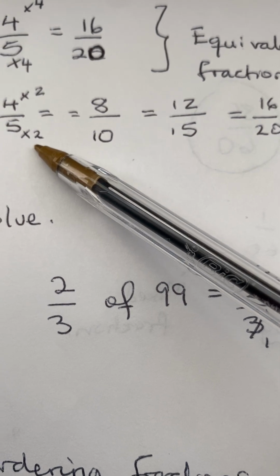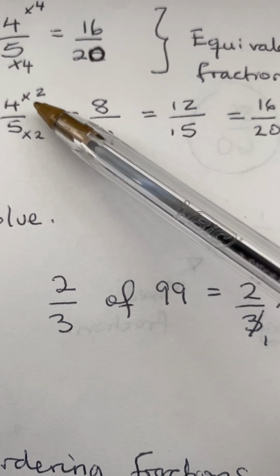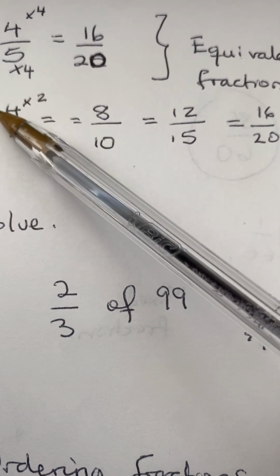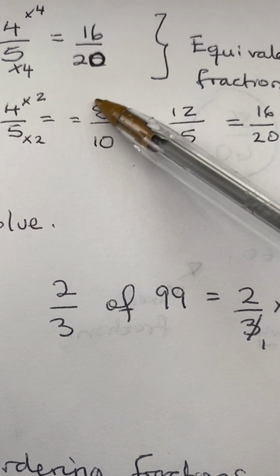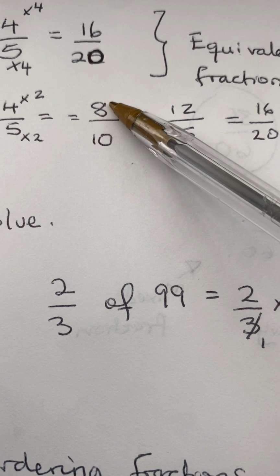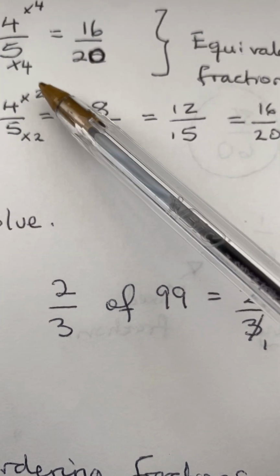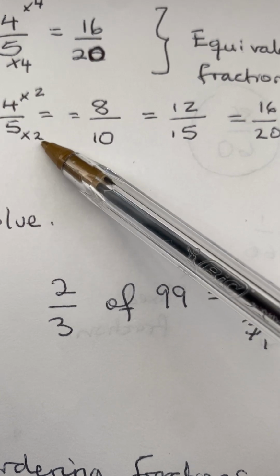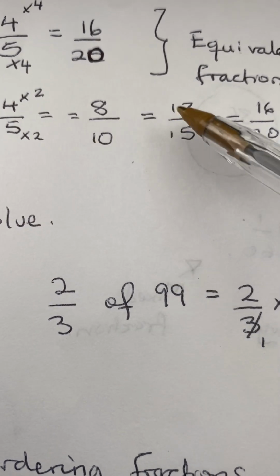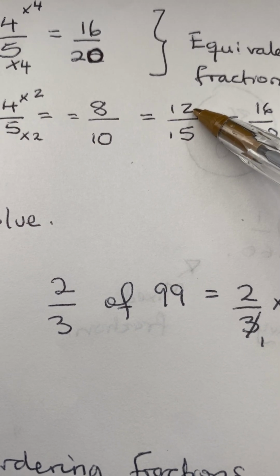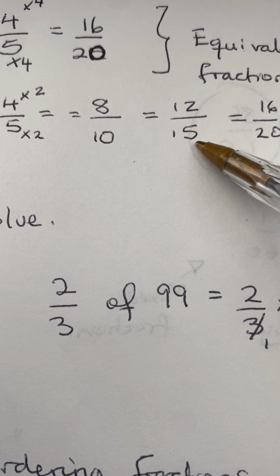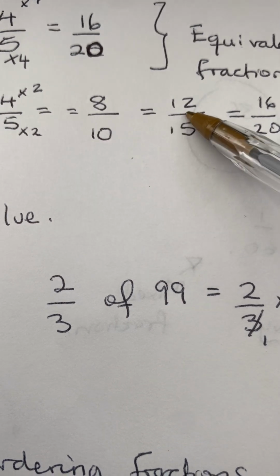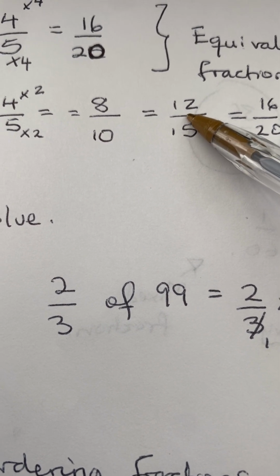It doesn't work like that. So an equivalent fraction of 4/5 is 8/10. If you multiply both numerator and denominator by 3, 4 times 3 is 12, and 5 times 3 is 15. So these are equivalent fractions.